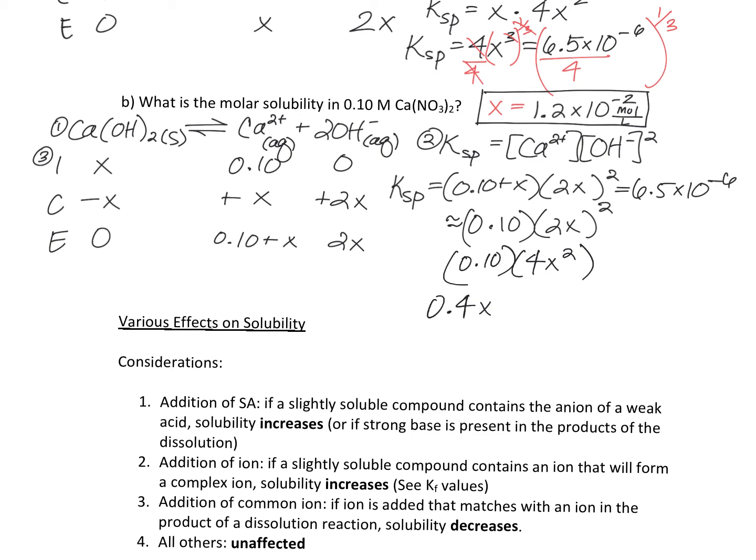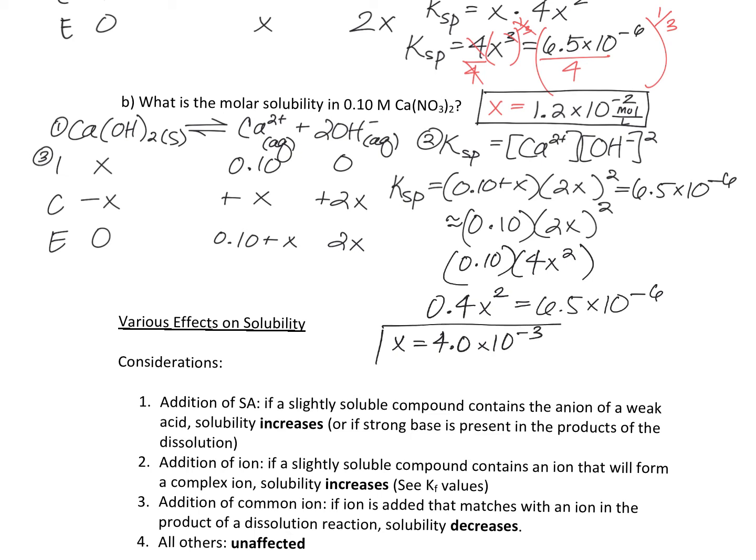Okay, 4x squared. And this is all equal to 6.5 times 10 to the negative 6. Let's plug that in. So x should be equal to 4.0 times 10 to the negative 3.